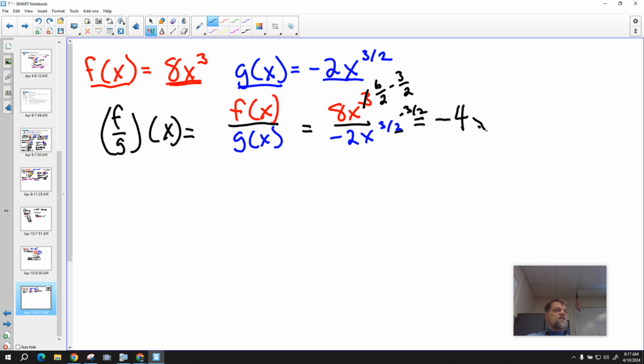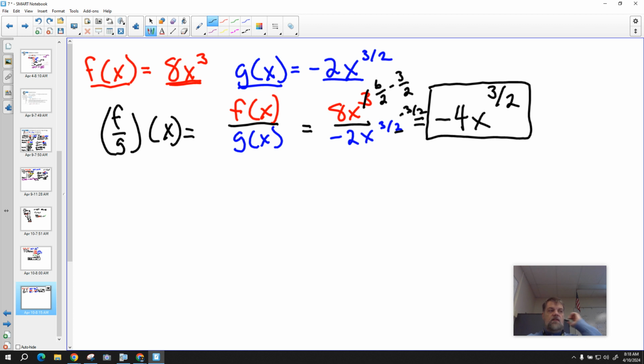So this becomes x raised to the 3/2. And so this is the final answer.